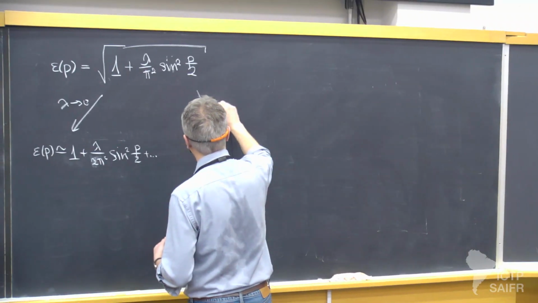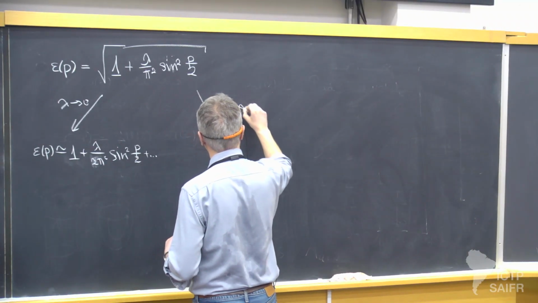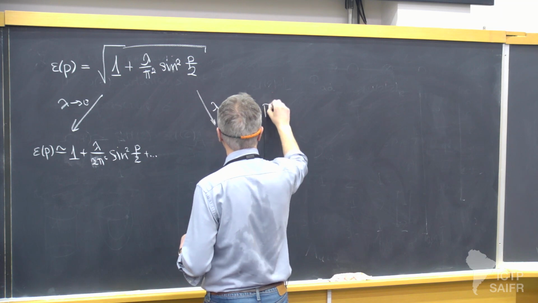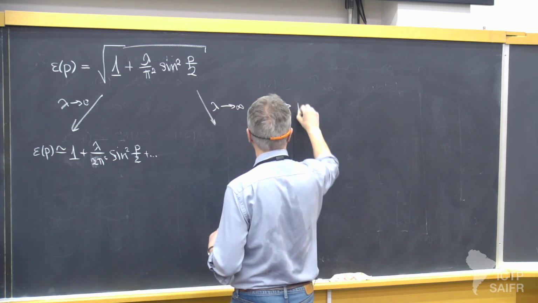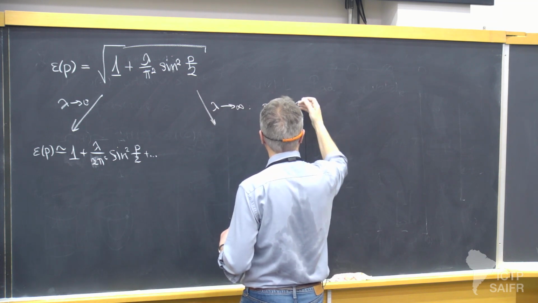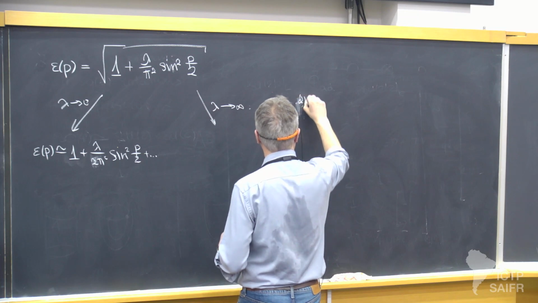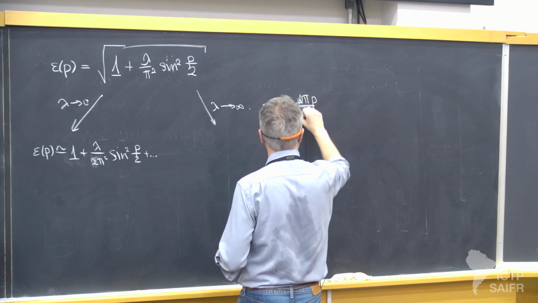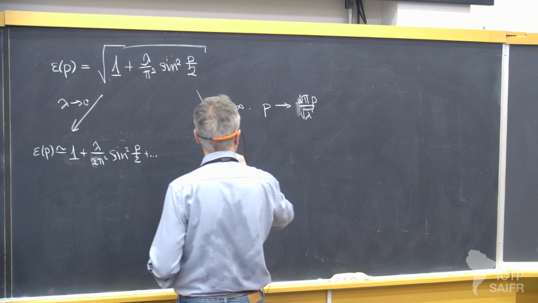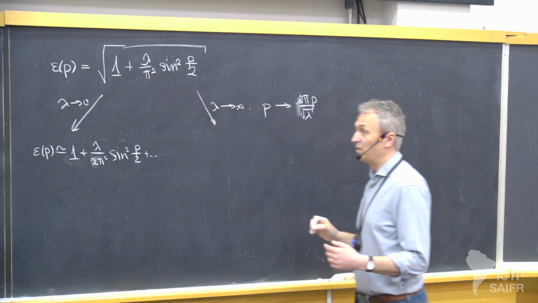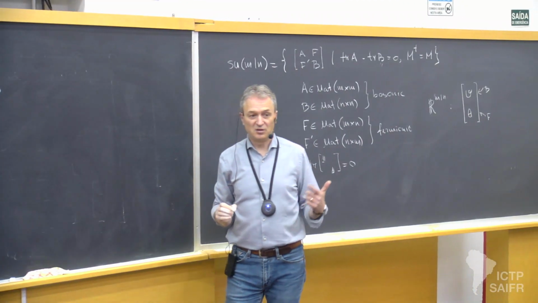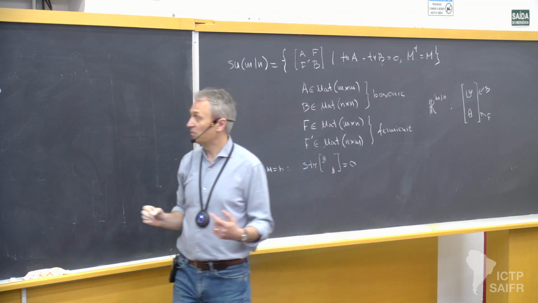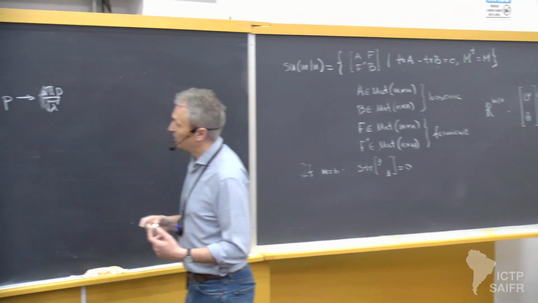Whereas if lambda goes to infinity, you need to rescale p, so you should take into account that momentum on the string worldsheet differs from the momentum on the spin chain by this factor.